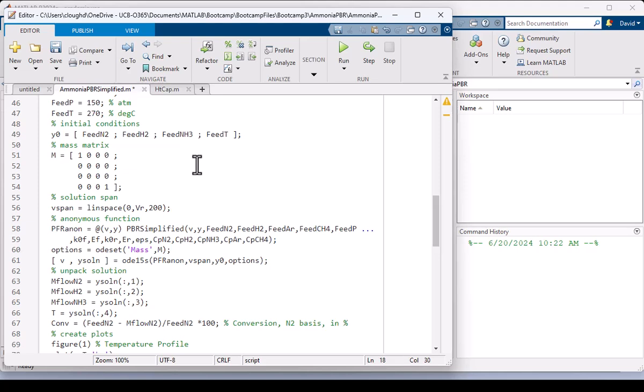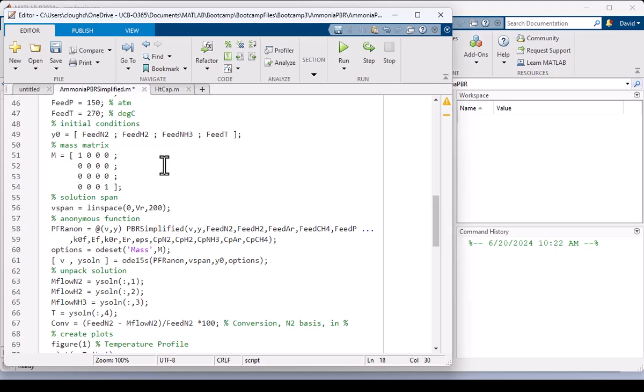So we're going to solve this as a differential algebraic system, and that requires us to use the ODE15S integrator, not ODE45, in MATLAB.